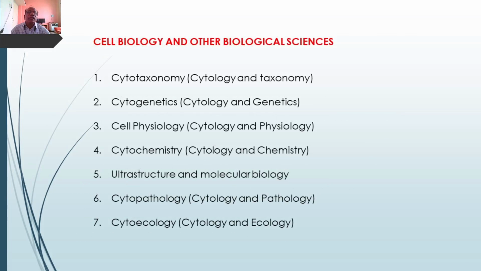Then these are some of the branches of the cell biology and other biological sciences, wherever the cell biology is related with another biological sciences, that is cytotaxonomy, that is cytology and taxonomy, cytogenetics, cytology and genetics, cell physiology, cytology and physiology, cytochemistry, cytology and chemistry, ultrastructure and molecular biology, cytopathology, cytology and pathology, cytoecology, cytology and ecology.